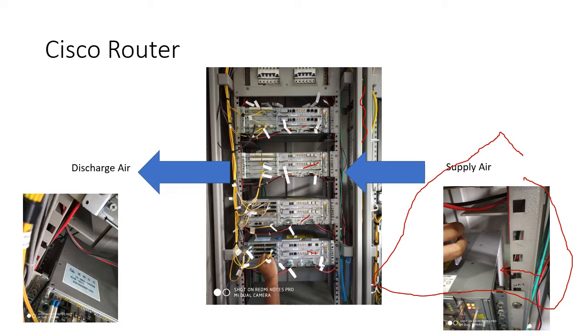Once it is going inside, it goes like this, cooling this equipment all the way. It is getting hot and coming out from this place and going back to the EFC unit.